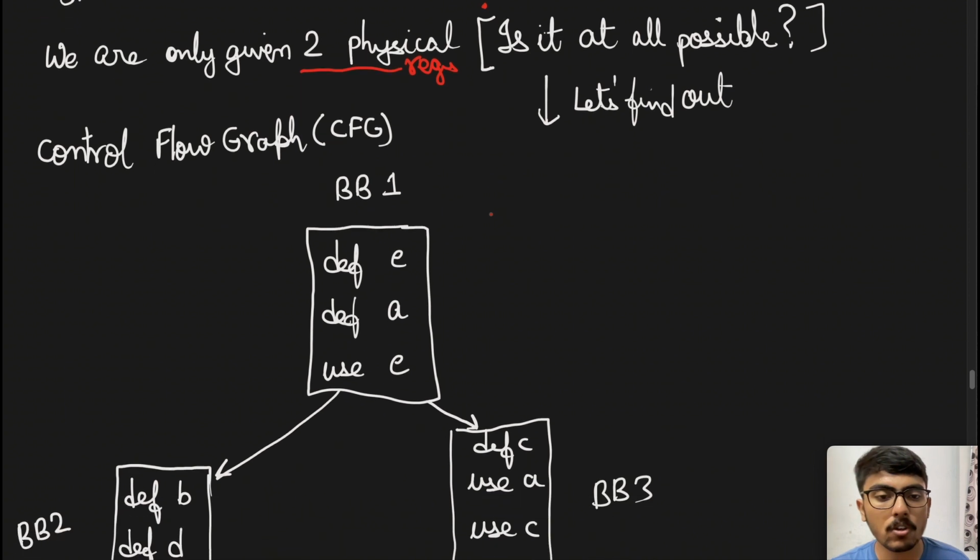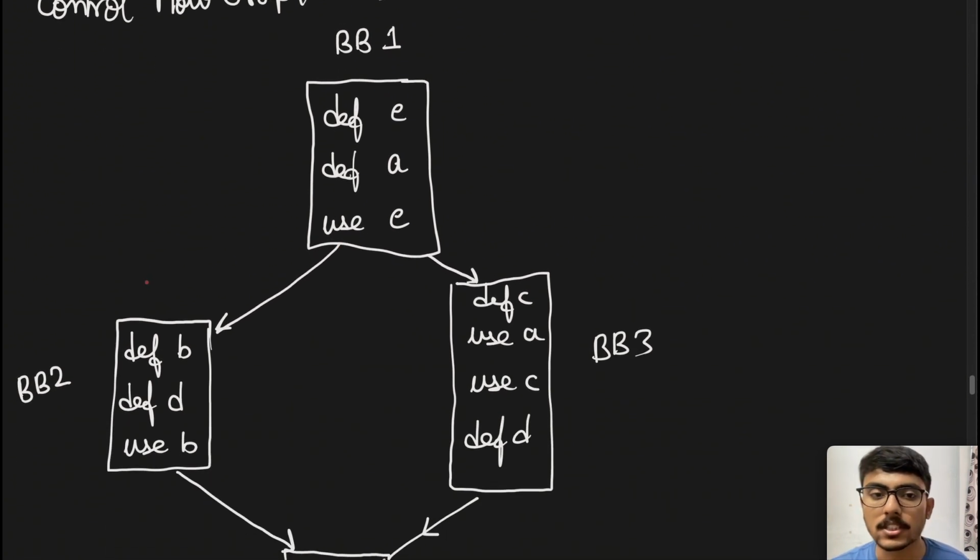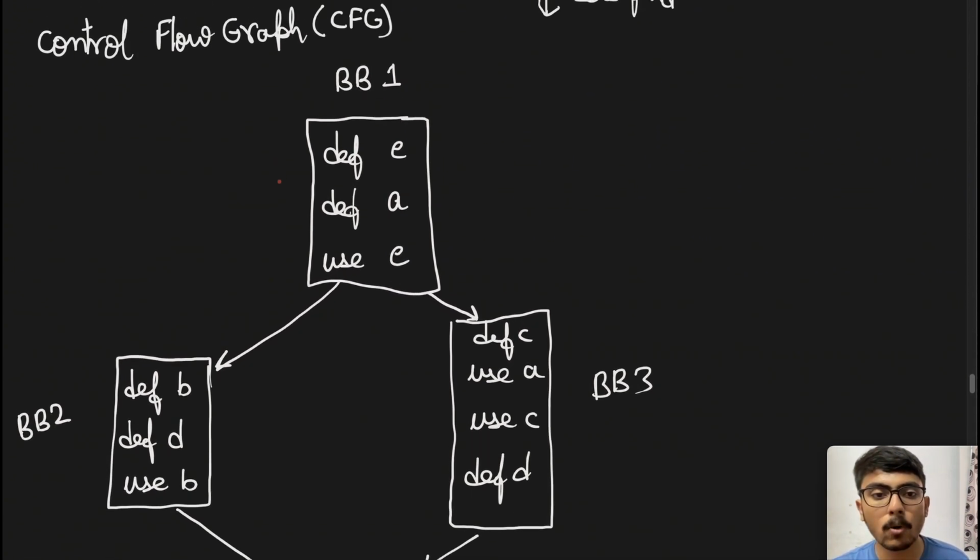The control flow graph given in the question is this. In basic block 1 we have DEF. DEF stands for definition. Definition is when we define a particular variable with a given value. This value can be given by user input, or it can be fetched from the main memory itself.